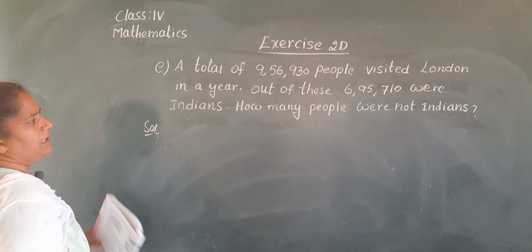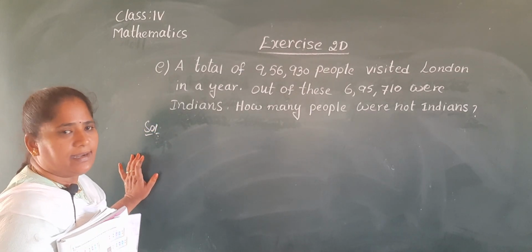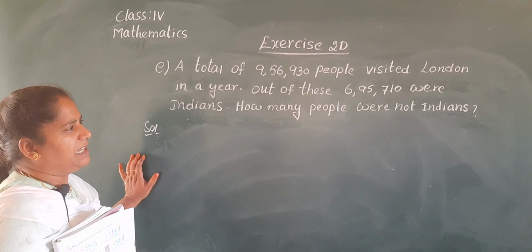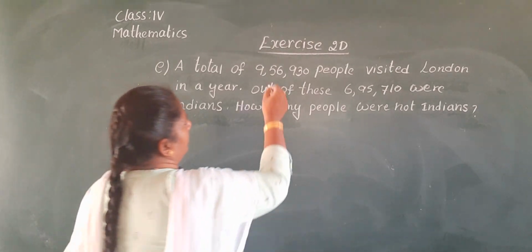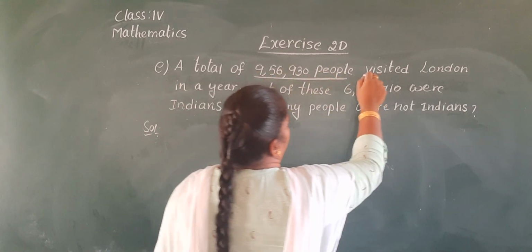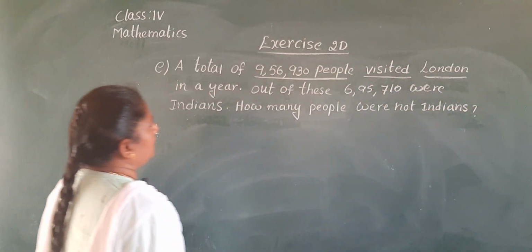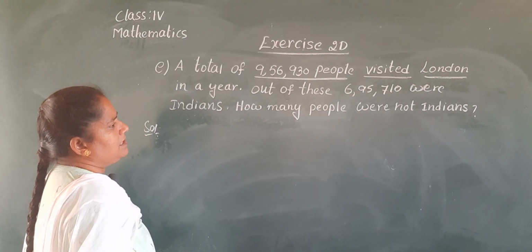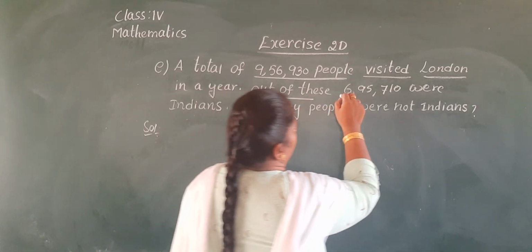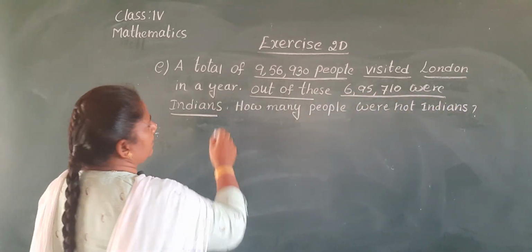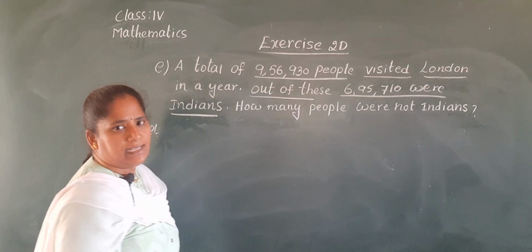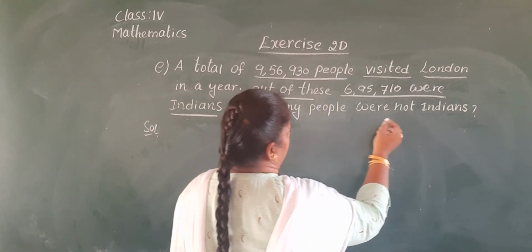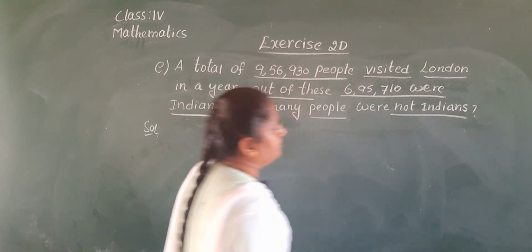So this is the problem, Nana. Note down in your classwork neatly. A total of 9,56,930 people visited London. So total number of people visited London in a year equal to 9,56,930. So out of these, how many Indians are there? Yes, 6,95,710 are Indians. Now we have to find number of people not Indians.